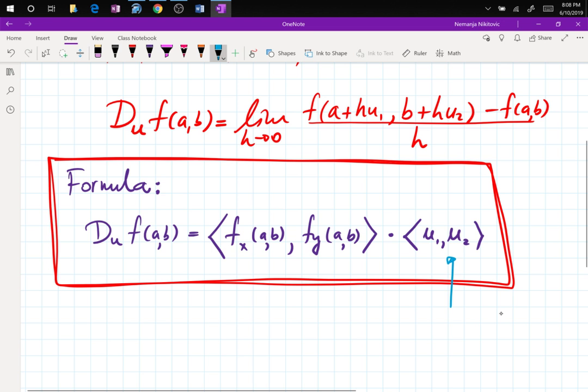That's not a unit. So you have to change that vector into 3/5 and 4/5 and then you can go and do your directional derivative.